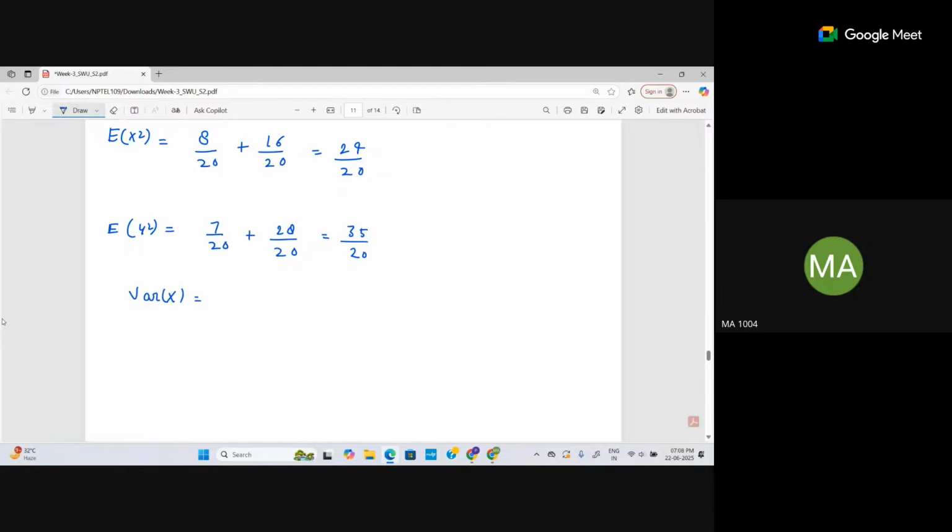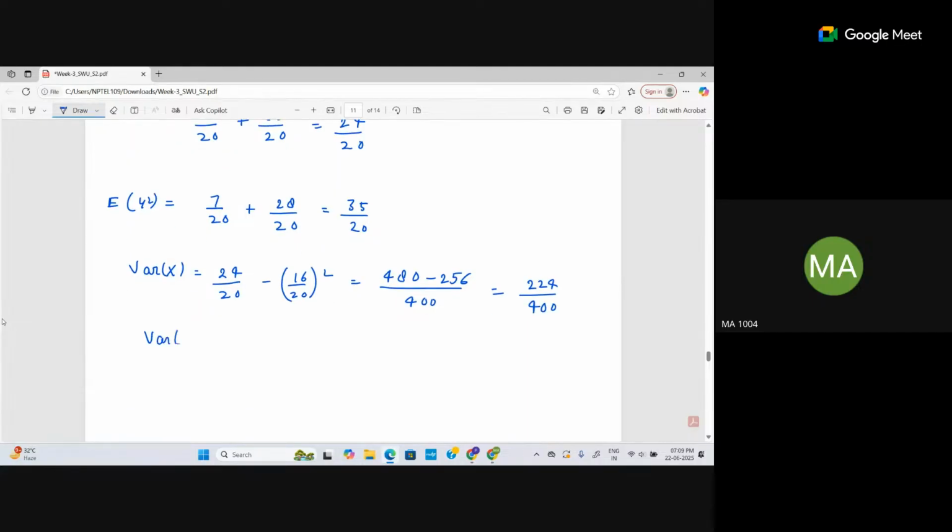So variance of x will be 24 by 20 minus expectation was 16 by 20, right? 16 by 20 whole square. Divided by 400, 224 divided by 400. And then similarly variance of y will be 35 divided by 20 minus 21 divided by 20 whole square.